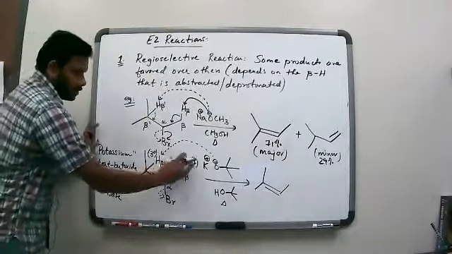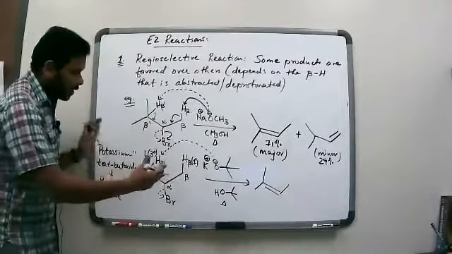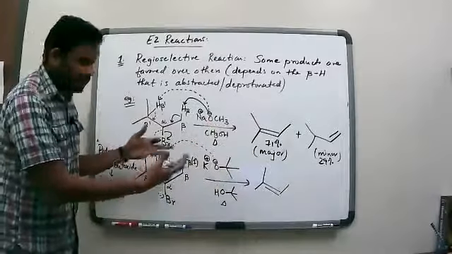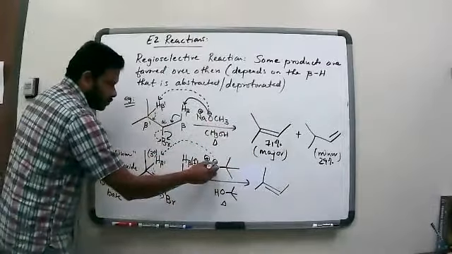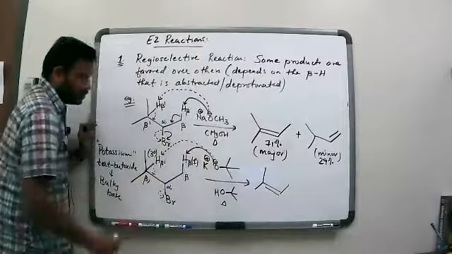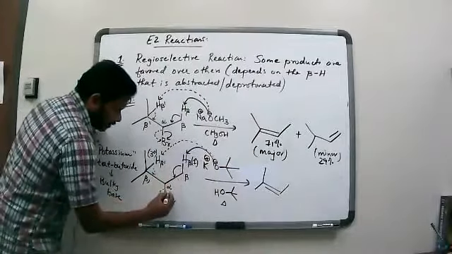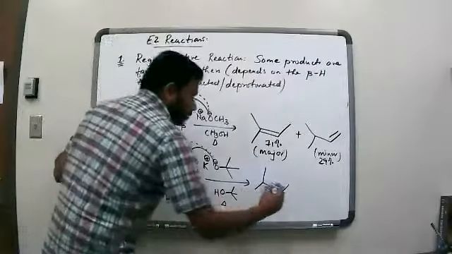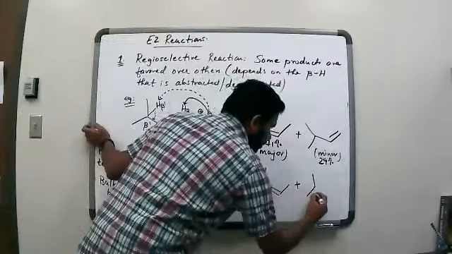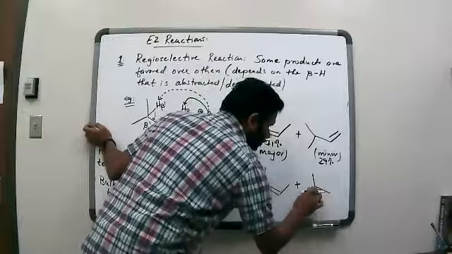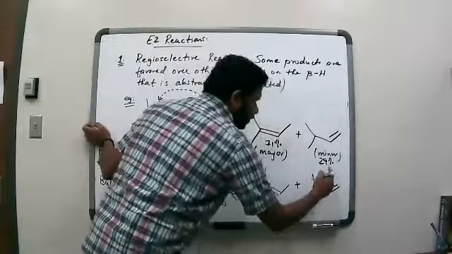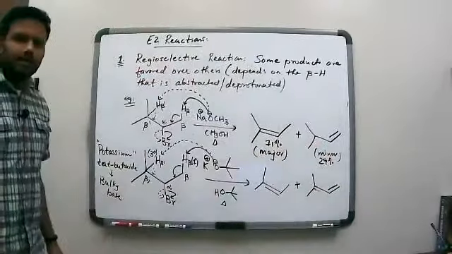Instead, since H beta is a primary hydrogen, there's more room around it, it's roomier around it. It is more likely to go and deprotonate H beta. And if that happens, that means I am making a lot more of the less substituted alkene.